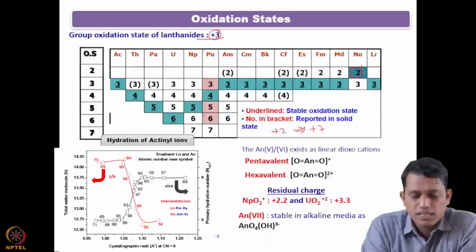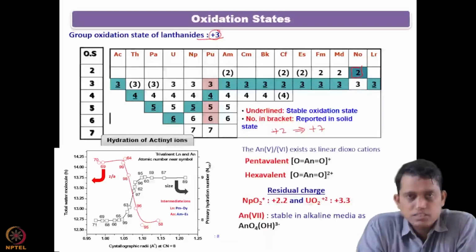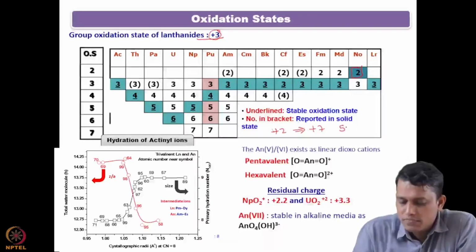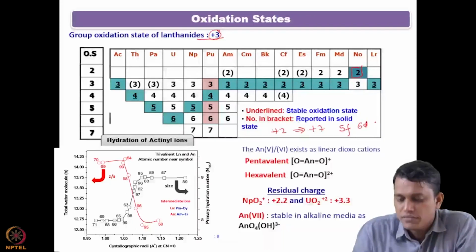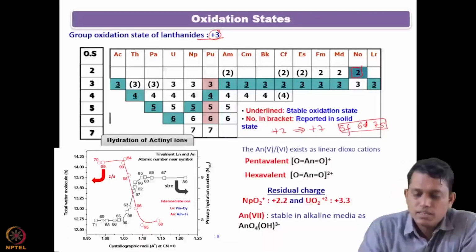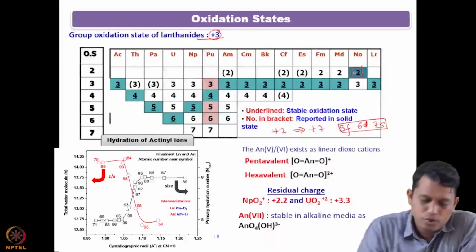This variation in the oxidation state of the actinides comes mainly because the filling happens in the 5f orbital, which is in close proximity with the 6d and 7s orbitals, and because of that we get such a huge variation in the oxidation state.